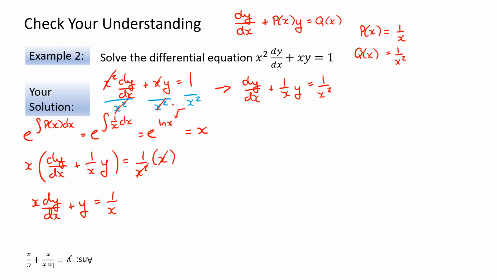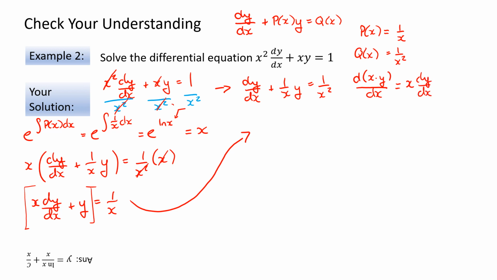Remember our product rule: the derivative of two functions multiplied together, x times y, is equal to the first function times the derivative of the second function, x times dy by dx, plus the second function times the derivative of the first function, which is dx by dx.